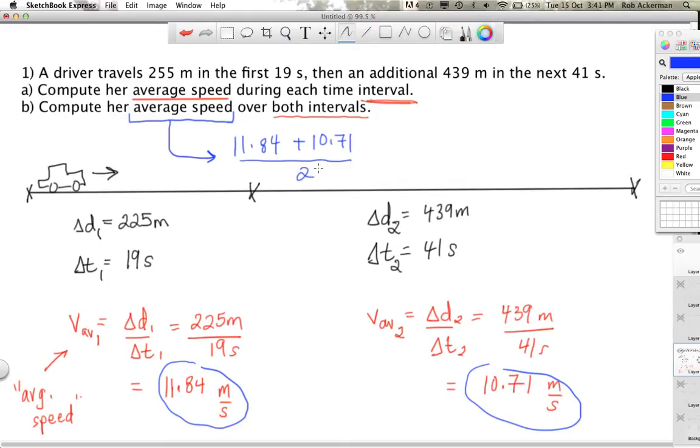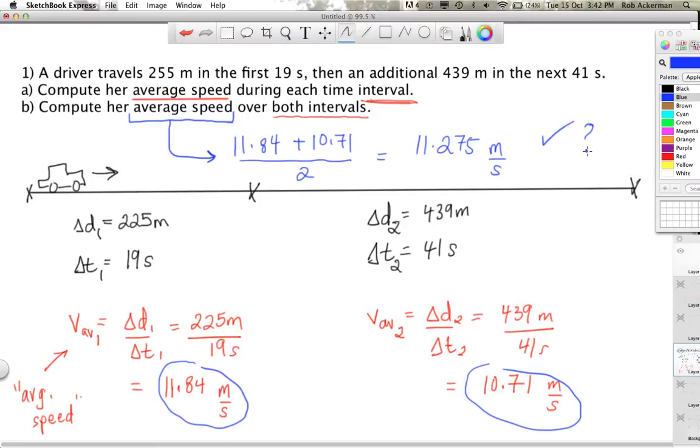I add the things up and I divide by the number that I've got. And if you do this, what number do you get? 11.84, I'm adding on my calculator right now, plus 10.71 equals, and I divide by 2, I get a number of 11.275 meters per second, which sounds good, but is it?